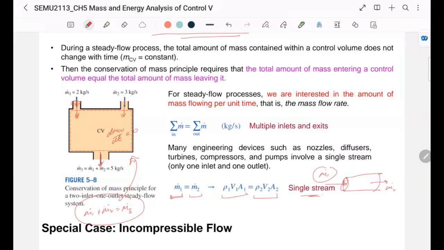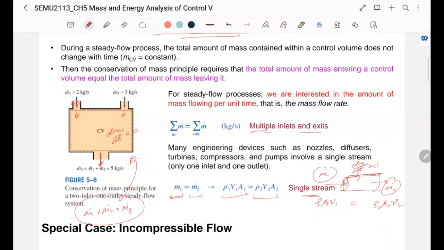The mass flow here is really rho 1, A1, V1. Here will be rho 2, A2, V2. So if it's a steady flow system, then this must equal to this, because then the dm over dt in the control volume is 0.